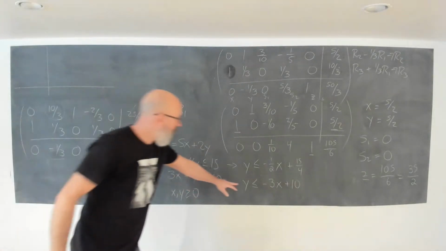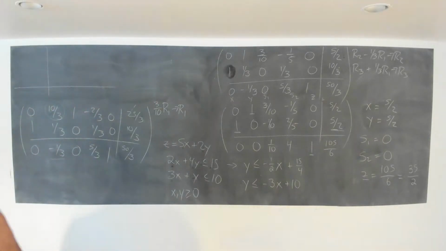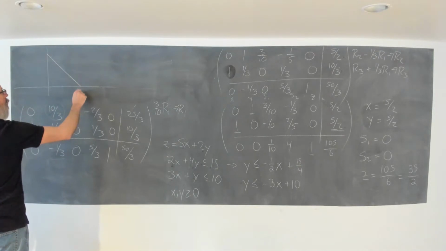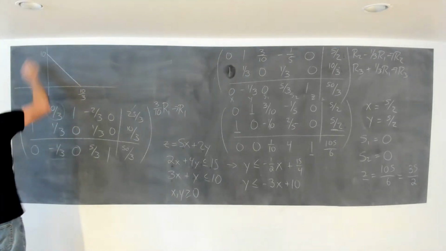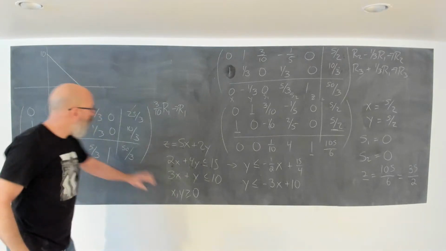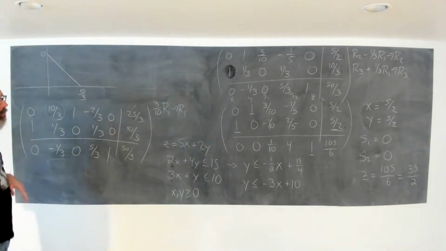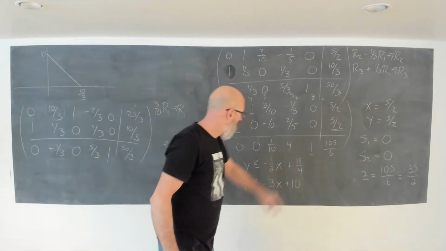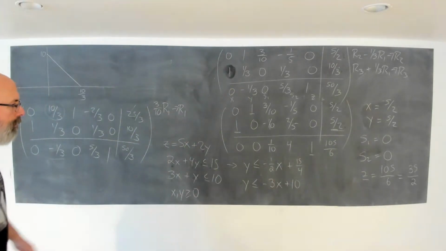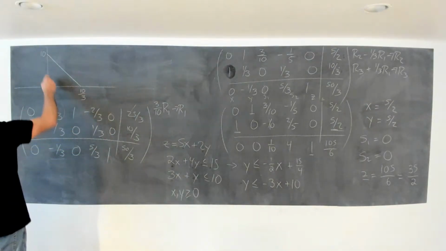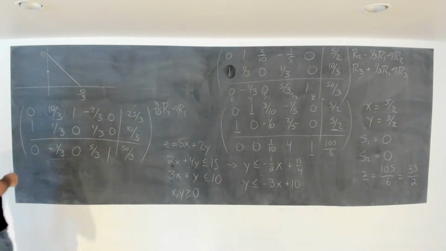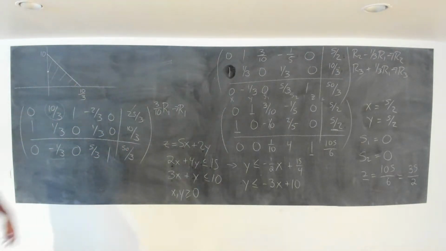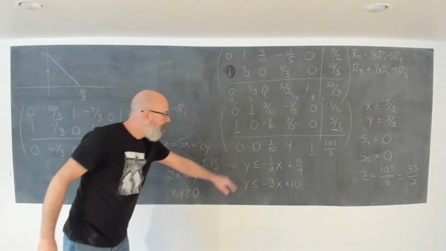So maybe let's start with the second one here. Minus 3x plus 10. It starts at 10. It goes all the way to 10 over 3. We know everything is bigger than or equal to 0, so there's no need for me to go down these things. And then 15 over 4. And by the way, we are already restricting our attention to this region, because it is an inequality.